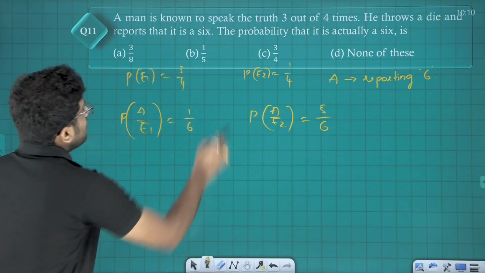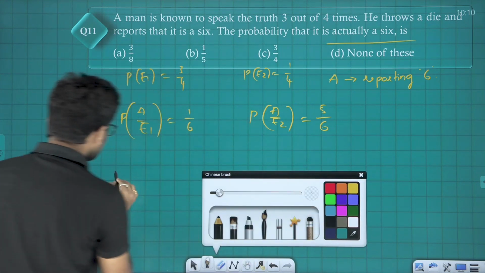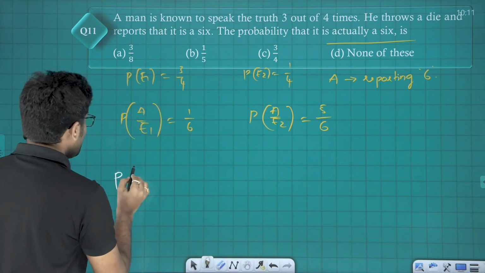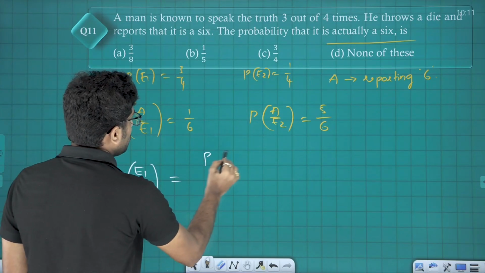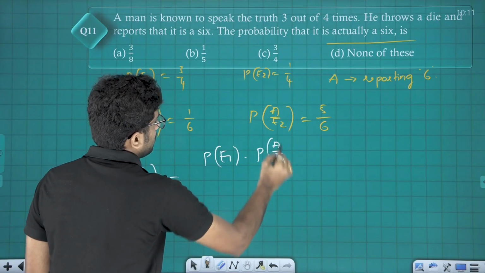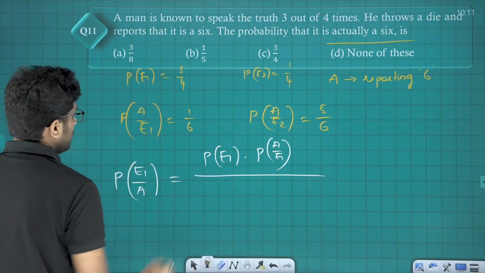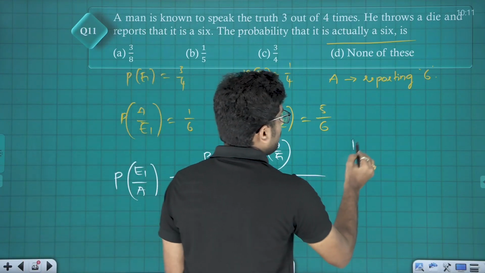Now what we need is the probability that it is actually 6. That means P of E1 given A we need. So this is equal to P of E1 into P of A given E1 divided by P of A. What is P of A?